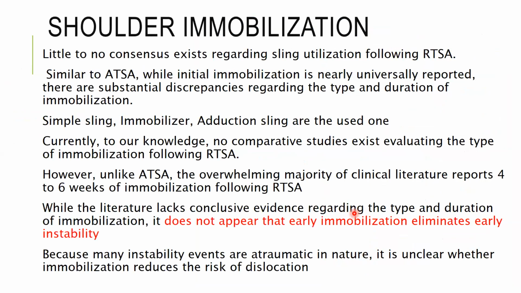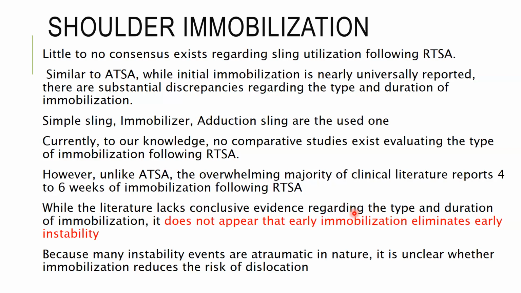The important thing to discuss in terms of shoulder immobilization is that none of the papers or literature had a good consensus regarding the use of shoulder immobilization. While total shoulder arthroplasty universally supported the use of immobilization, the duration was not recommended anywhere or brought to a consensus.